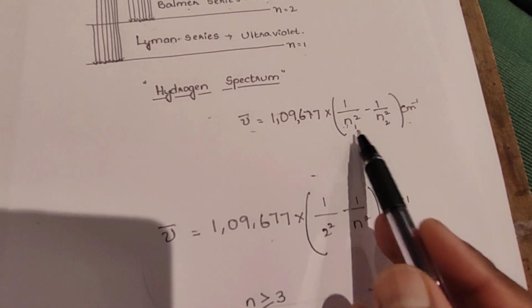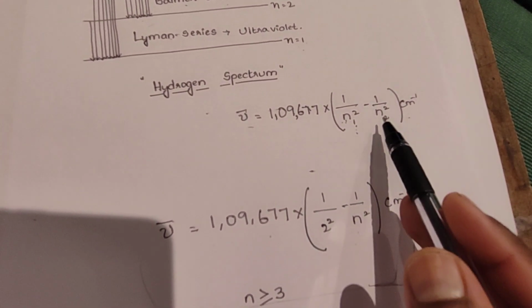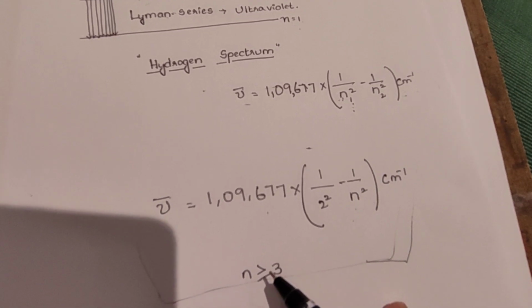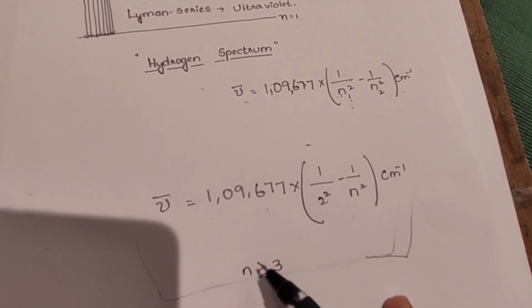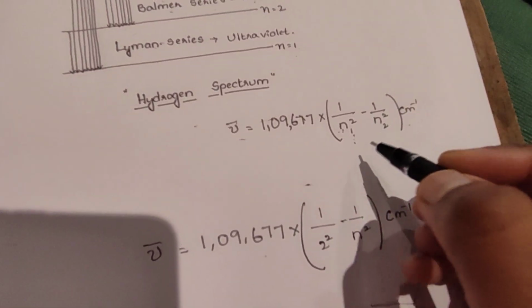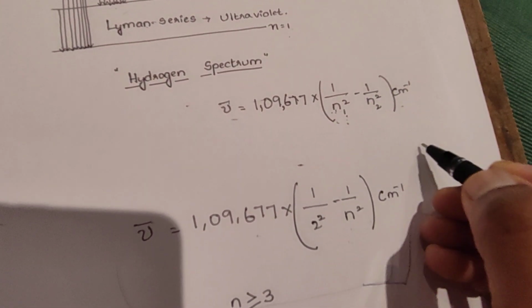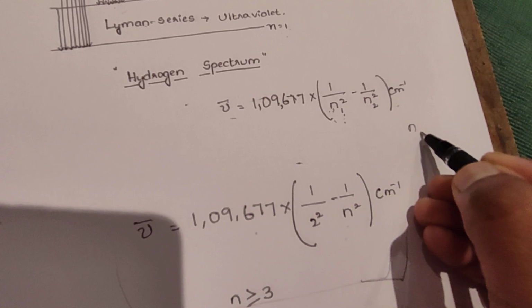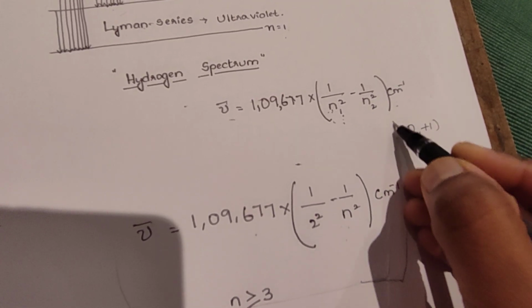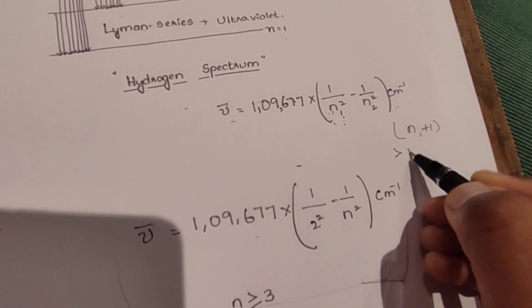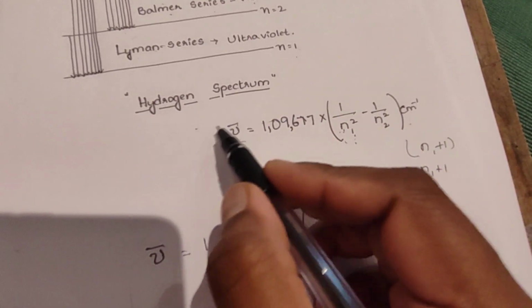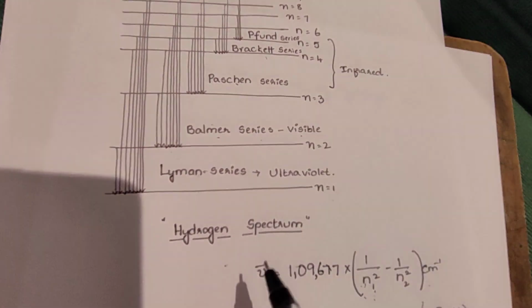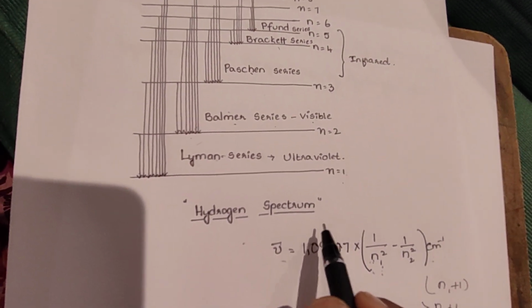See here, n1 equal to 2. Here n2 is equal to 2 plus 1, that is 3, or greater than 3. So n2 will have a value of n1 plus 1 or greater than n1 plus 1. This formula is given by Rydberg to explain the spectral lines in the hydrogen spectrum.